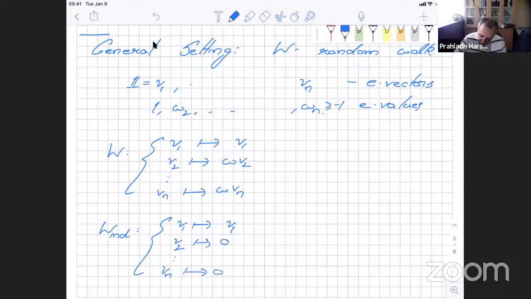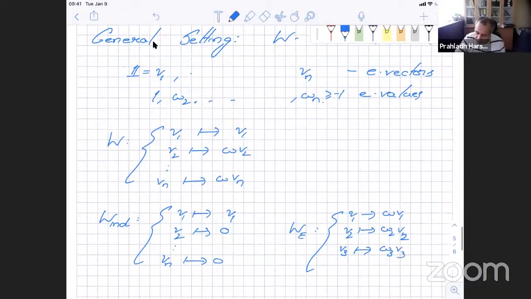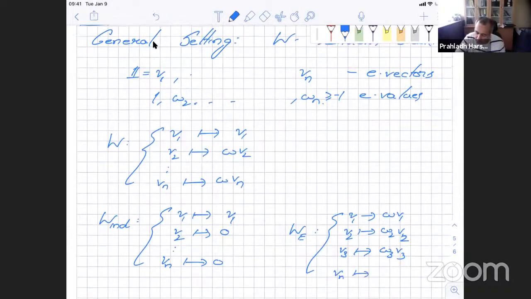Now I'm going to build up a new matrix called W error. I'm going to write W as a combination of W independent, so I'm going to view it as W ind plus something. I'm going to write it as another one which takes V1 to omega 1 V1, V2 to omega 2 V2, V3 to omega 3 V3, and Vn to omega n Vn.